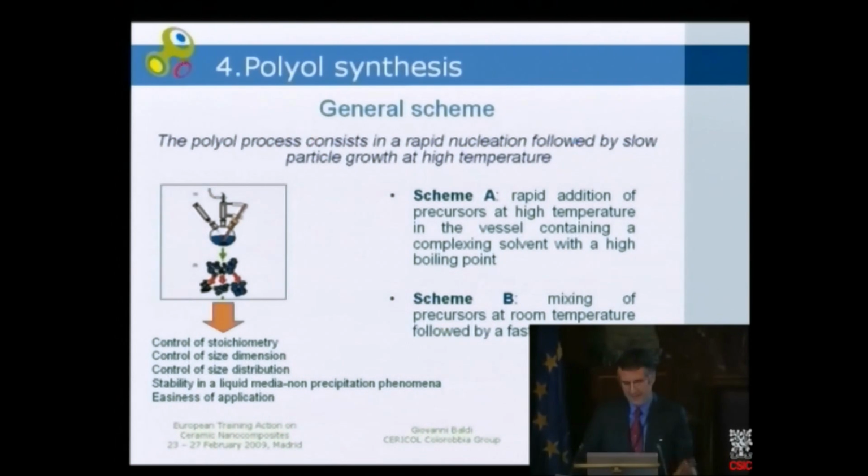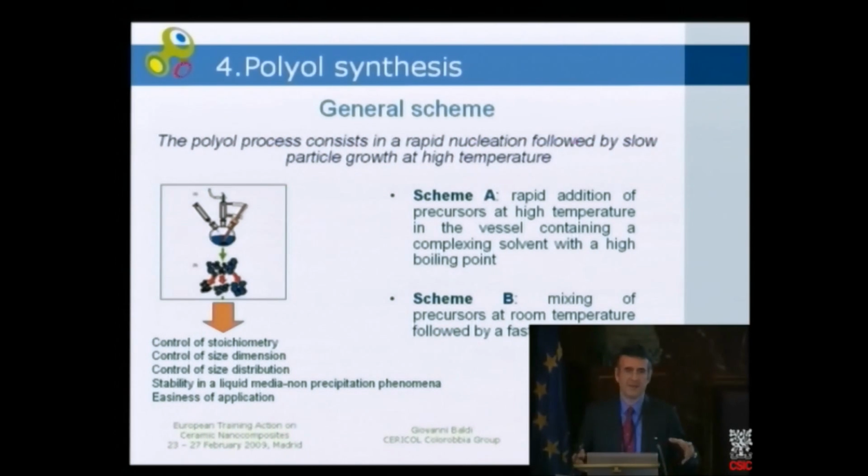We can have two schemes. Scheme A, a rapid addition of precursors at high temperature in a vessel containing a complexing solvent with a high boiling point. Normally, we use polyethylene glycols, and we perform this reaction at more than 180 degrees. It's very, very high temperature.